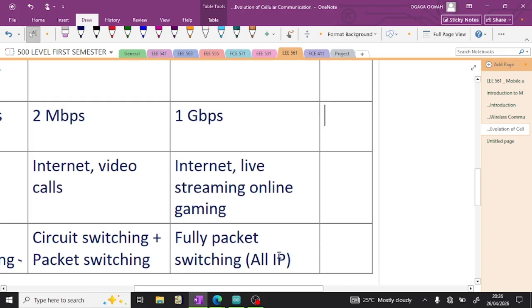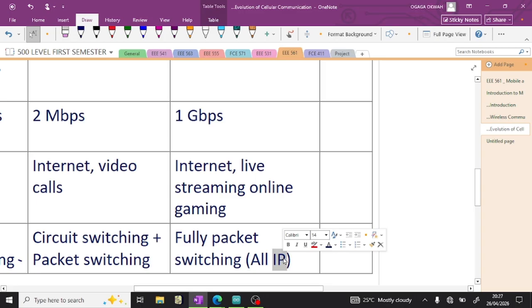Okay, so when we say all IP, meaning internet protocol, all IP meaning voice, data, anything you want to do in terms of communication, all of them follow a set of rules. Those rules are internet protocol.